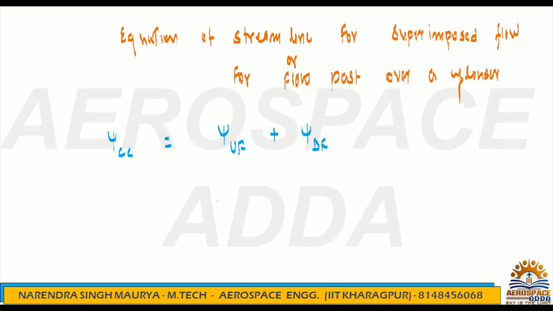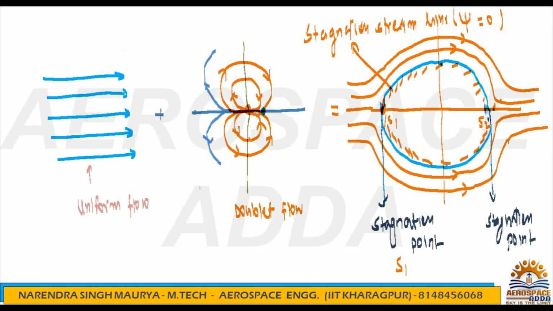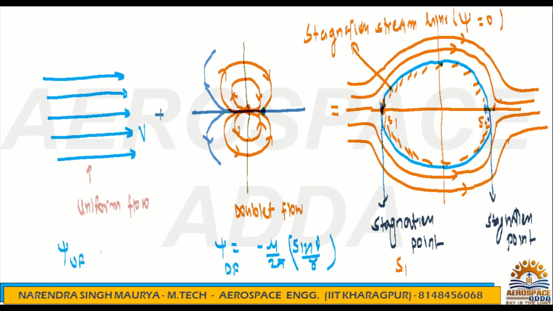Now you know very well what the uniform flow is in Cartesian coordinates. The uniform flow intensity or velocity is nothing but V. And for the doublet flow, do you remember what the psi is? It was minus mu upon 2 pi sine theta by r. This was the equation for a doublet flow. And the equation for the uniform flow, that also you know, it was y. I explained many times, so you need to remember this.